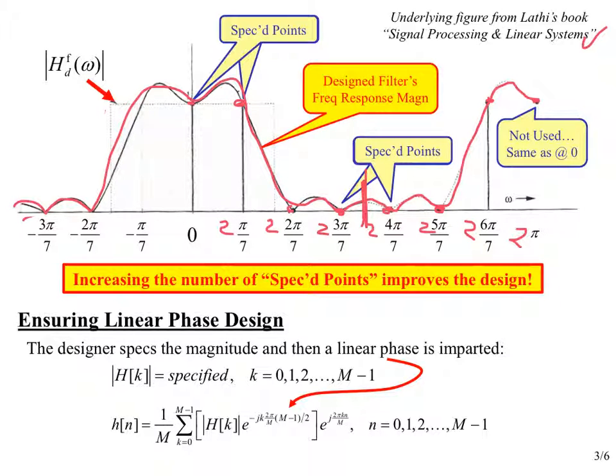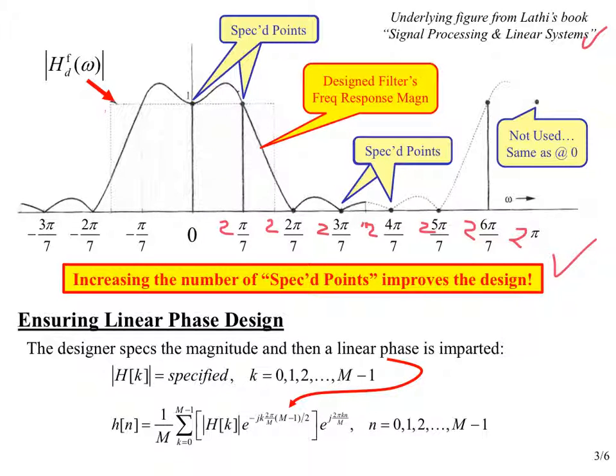So this is just an illustration of the idea, not the capabilities of this, because we're only using 8 points here. Obviously, increasing the number of points that we would use will improve the design.